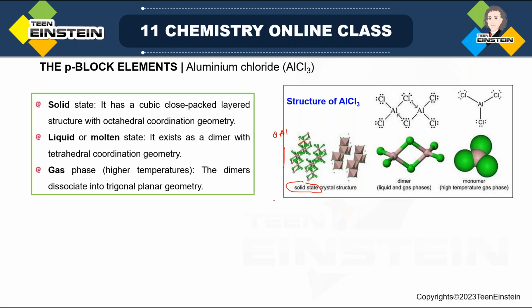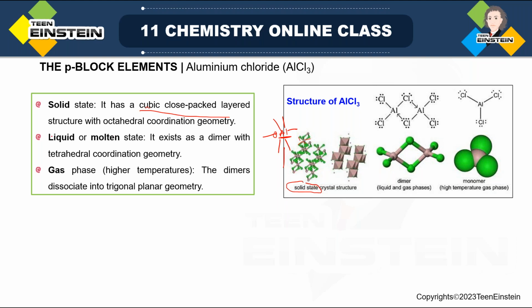So an octahedral arrangement is present in the crystal structure. This structure of aluminium chloride is a cubic close packed layer structure with octahedral coordination, where surrounding a single aluminium there will be a total of 6 chlorine atoms. This is the coordination found when it is in solid state.